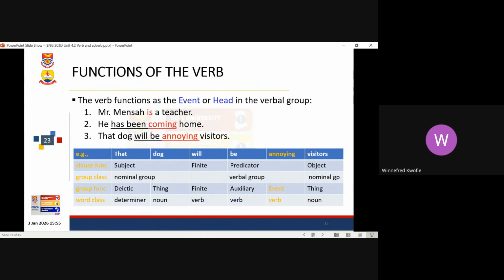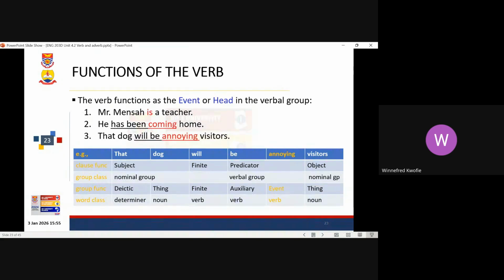Let's move on to look at the functions of the verb. The functions of a verb. So the verb functions as the head in a verbal group, or the event in a verbal group. We've been saying this over and over again, that the head of a group determines the type of group that it is.